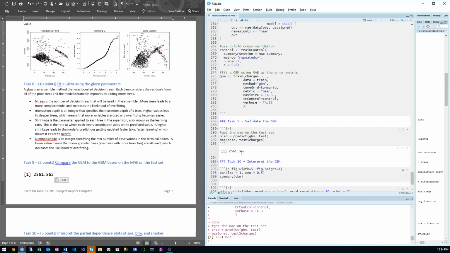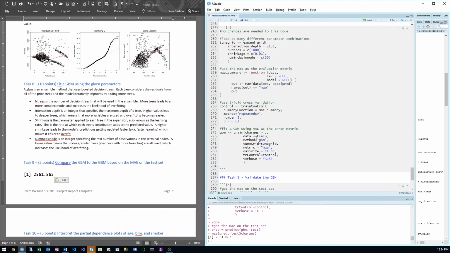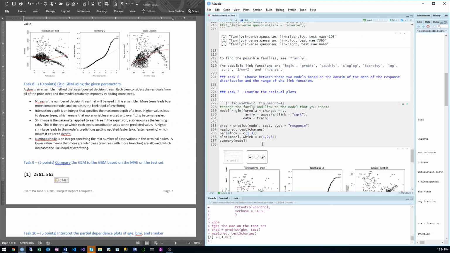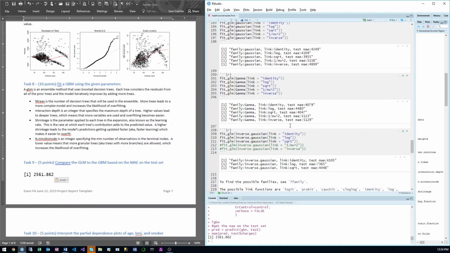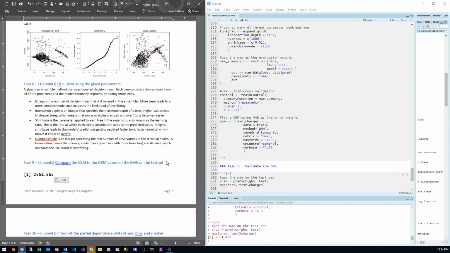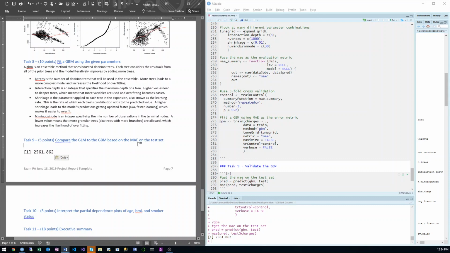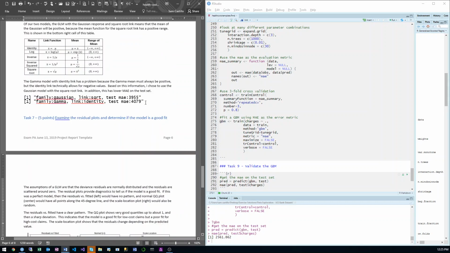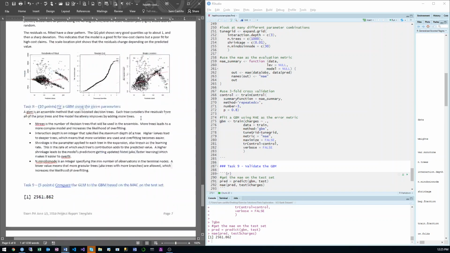It means that on average, the model is either above or below the median claims by about $2,500 per year. The best GLM was about $4,000 above or below the claims on average. So it's a significant difference.